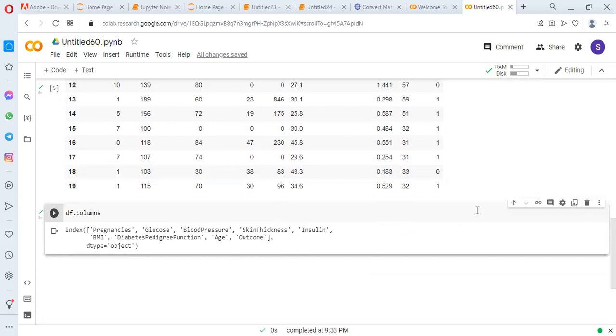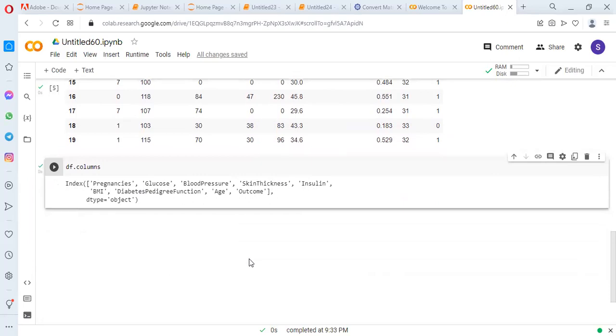So these are basically the columns in my data set, right?